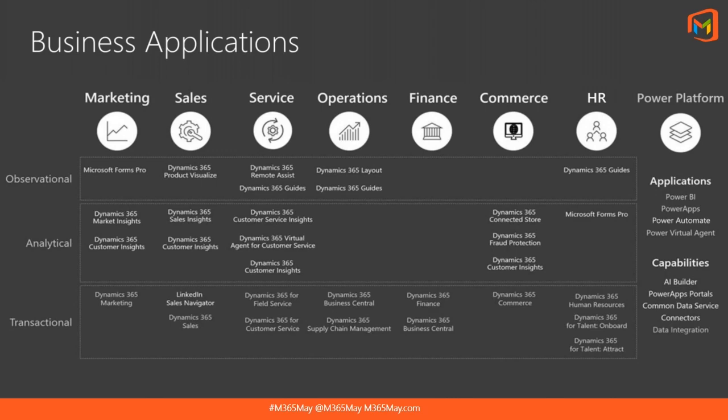It also has several domains, like marketing, sales, service, operations, finance, commerce, HR, and Power Platform, which is there separately too. There are lots of products here, and for today's session I'll be focusing more on Dynamics 365 Supply Chain Management and Power BI, Power Apps, Power Automate, and Power Virtual Agents.